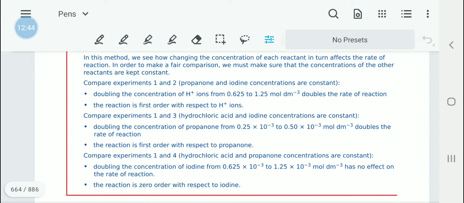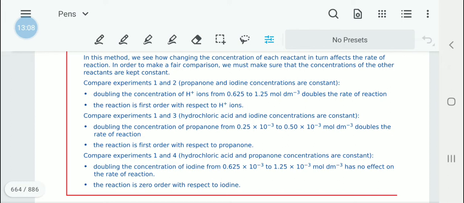As a result, we know the reaction is zero order for iodine, because there is no effect on the rate of the reaction for iodine. For propanone, when you double the concentration, from 0.25 to 0.5, the rate of the reaction also doubles.